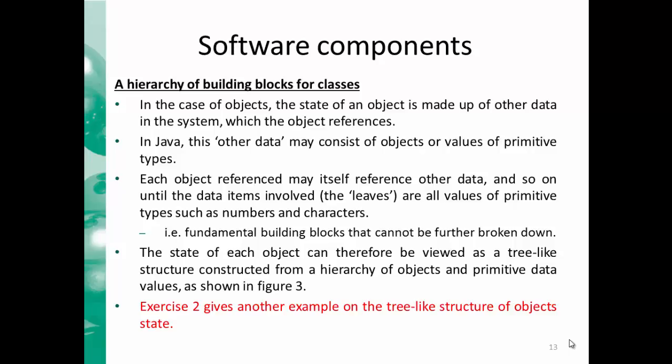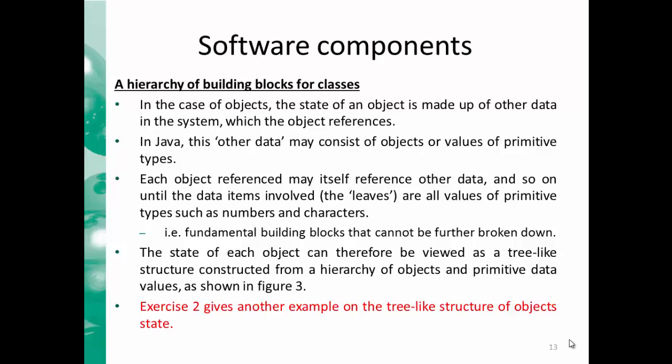Each object referenced may itself refer to other data. So, for example, if I have Name as a class, then my first name will be one string, second name another string, and last name a third string. So I have an object as a reference of type Name, but its components are other reference data types of type String.